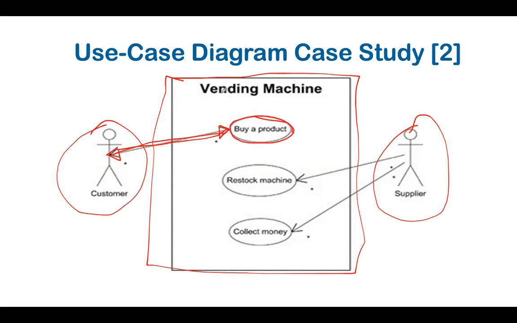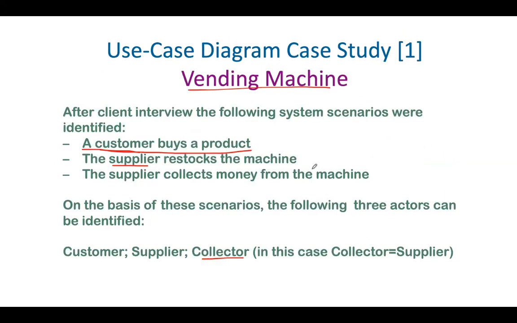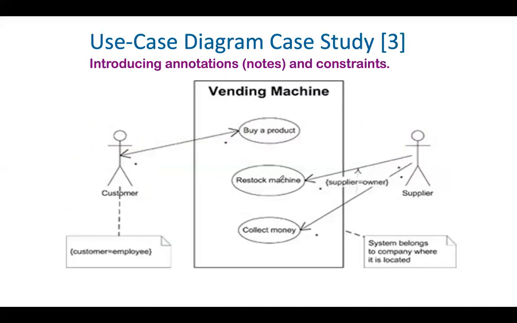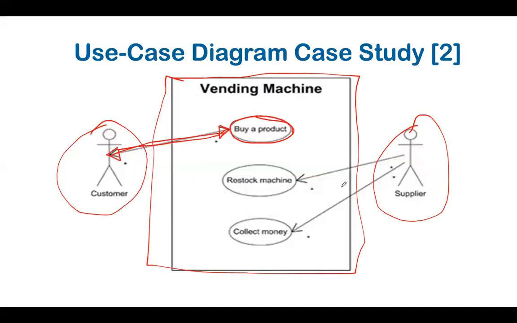What we expect from the supplier is to restock the machine. At the same time, the supplier can collect the money from the machine. All those come from this actor.